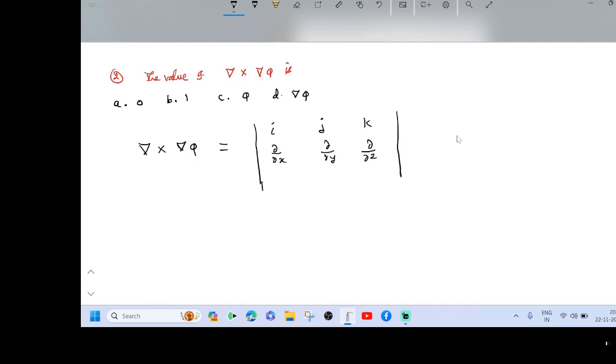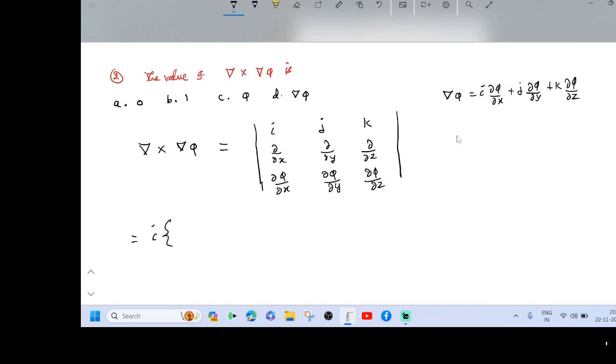Then the value of grad pi is i into dou pi by dou x plus j into dou pi by dou y plus k into dou pi by dou z. So this is dou pi by dou x, here dou pi by dou y, here dou pi by dou z.